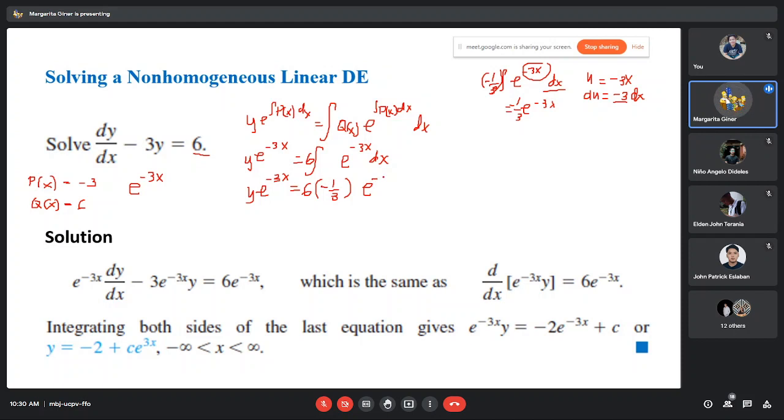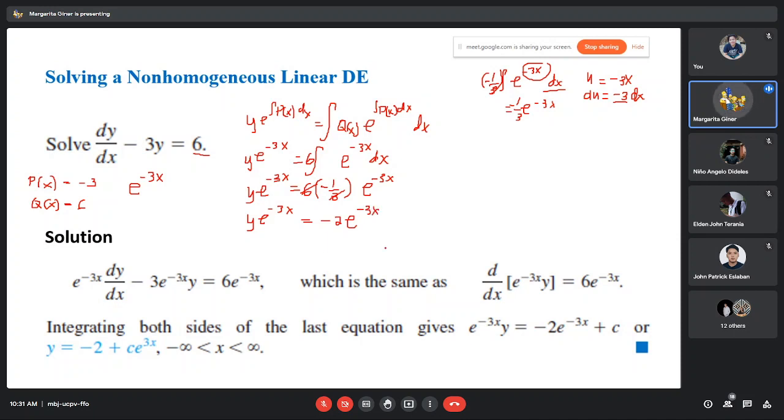So e to the negative 3x cancels out. Okay? So first, you have 2. So, this will become y e raised to negative 3x is equal to what's left, negative 2 e raised to 3x.